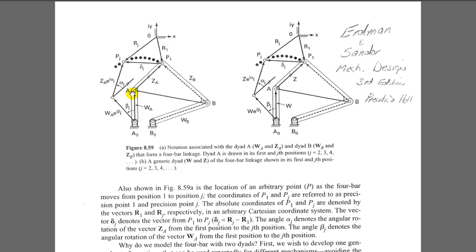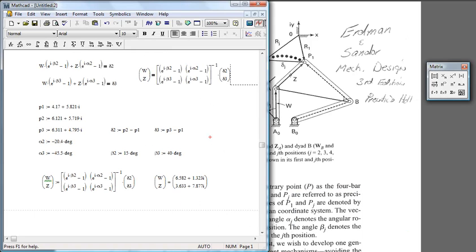Because all we have to do to find point A, which is a moving pin joint, that pin joint travels on a circle, is take our P1 and subtract the Z that we just found. Then to find our grounded pin joint, all we have to do is take our point A that we just computed by backing up through Z, and if we back up from there through W, we'll find our grounded pin joint. So going back to the MathCad, let's do that.